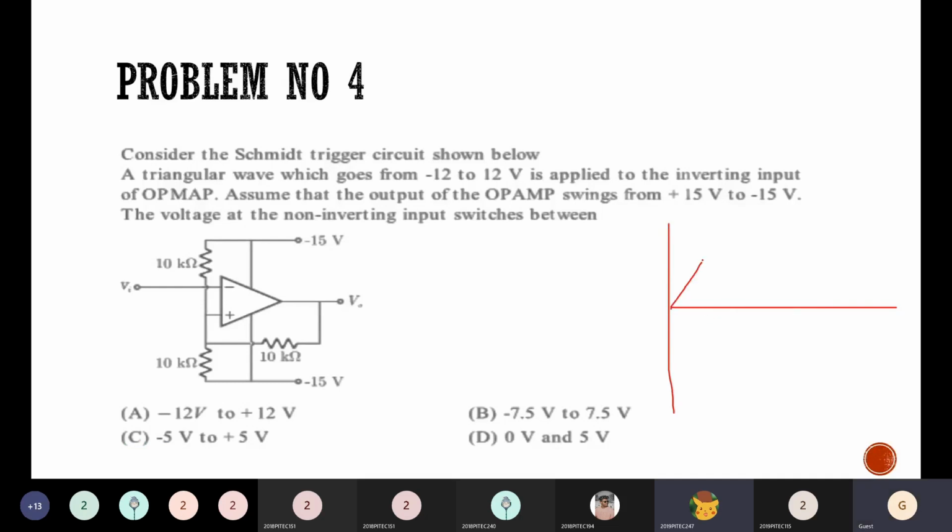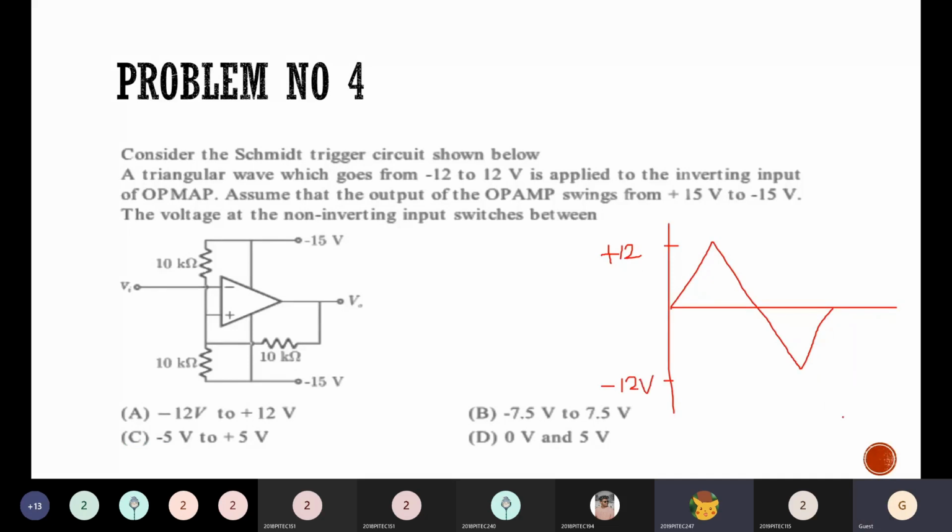Input is a triangular wave between plus or minus 12 volts. This is plus 12 volts, and this is minus 12 volts. If you have understood the concept, you can draw the waveform also.